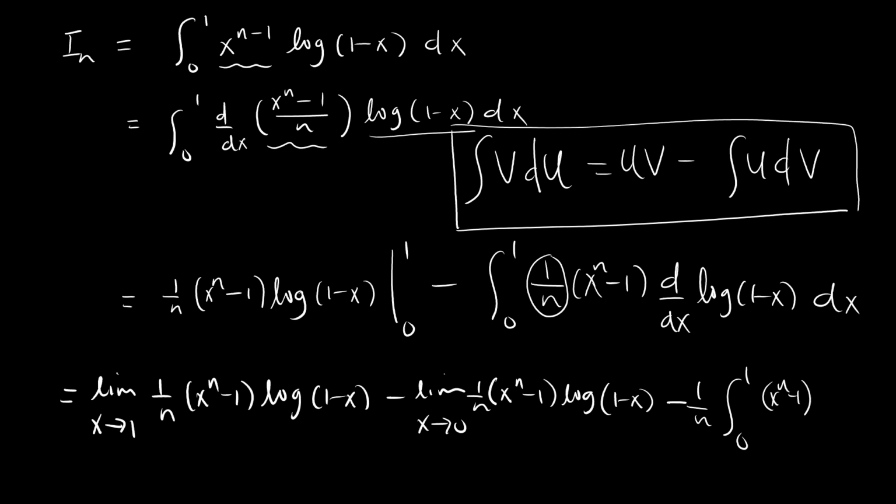The derivative of the natural logarithm of 1 minus x is going to be equal to negative 1 over 1 minus x.